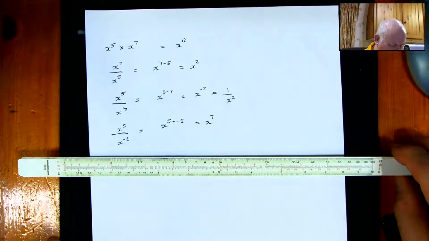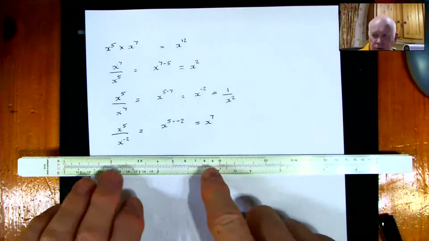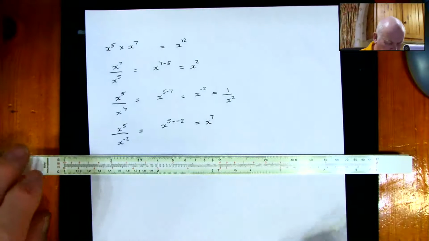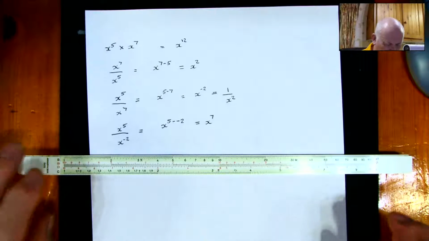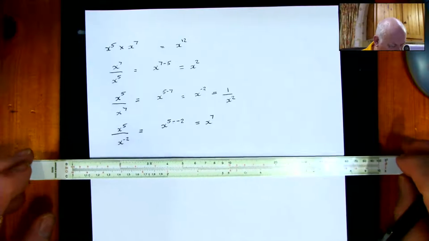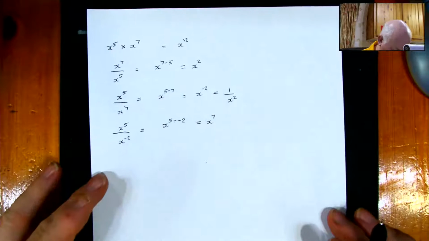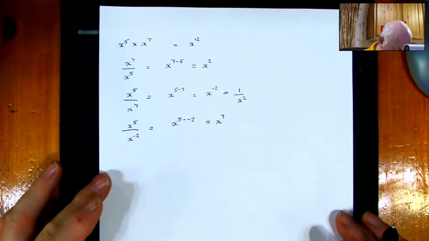Okay, so this is called a logarithmic scale. And if we have a look and see what this does, this can sometimes give us an idea of what's going on in nature.